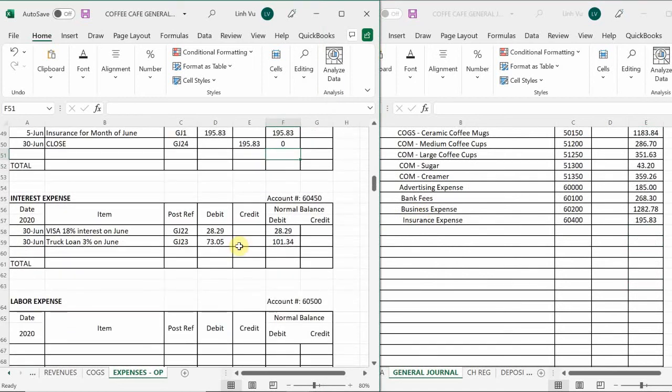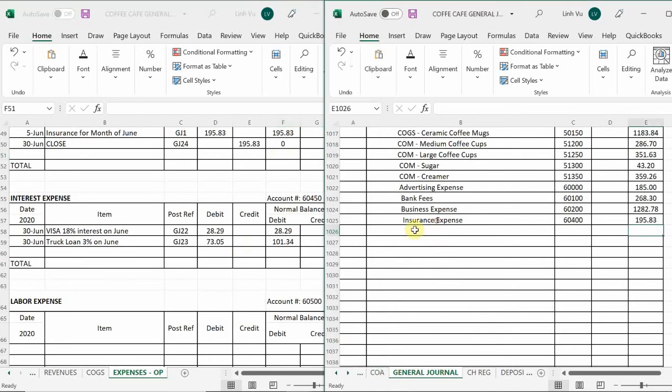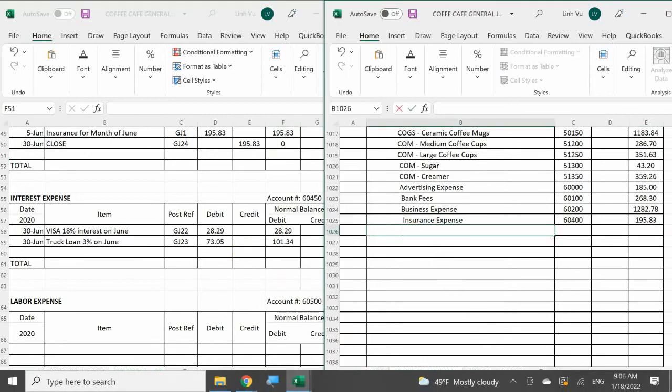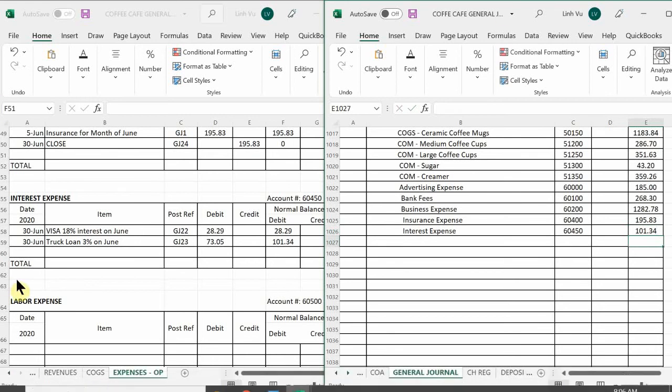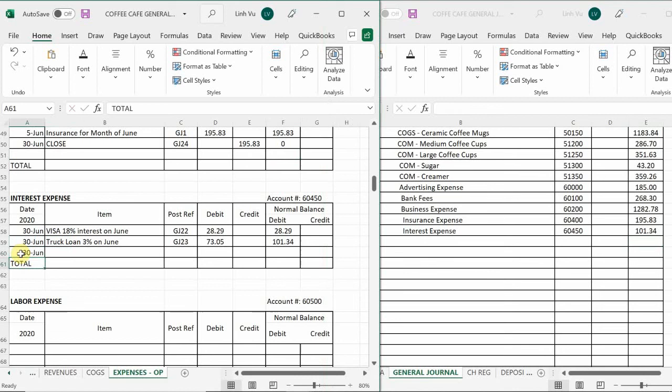Next account we have here is our interest expense for a total of $101.34, bringing the account down to 0.